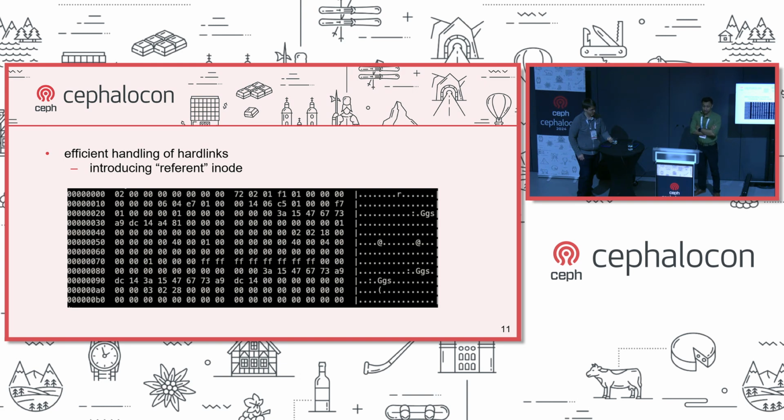CephFLCon this year. But essentially, the concept of referent inode is to have the hard linked inode as a full inode rather than just being a link pointer. I mean, if you think about it, it's kind of on the contrary because hard links are just pointers to the original, to the actual inode.